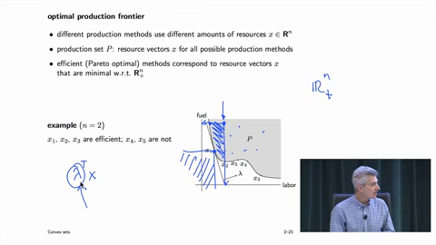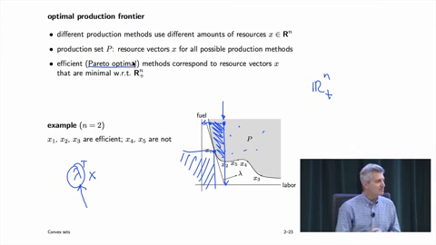Lambda 1 is the price of resource 1, lambda 2 is the price of resource 2, and it says set any prices you like. Find the cheapest production method for those prices, and what's guaranteed is that production point is minimal, or I guess they call it efficient. Pareto optimal is another name for it. We're going to come back to all of these later in the course. This is just a glimpse at these ideas.